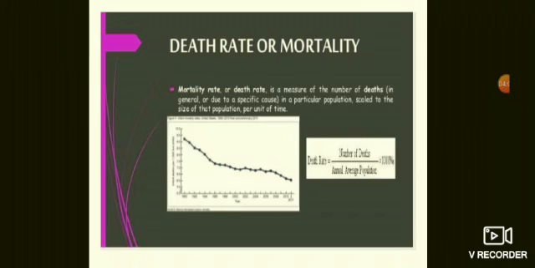It is expressed as number of deaths per 1000 individuals of a population per year, and the actual death rate observed in existing conditions is called realized mortality. Realized mortality is always much more than the potential mortality.